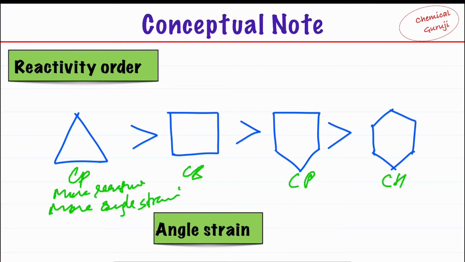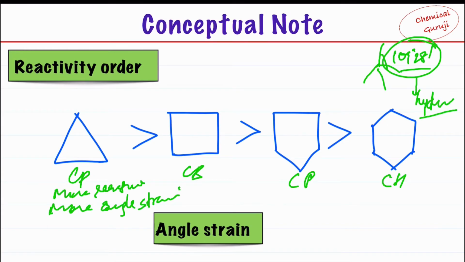We know that the angle of 109 degrees 28 minutes is stable in hydrocarbons with sp3 hybridization. Here we can see only 60 degrees, so there is angle strain.